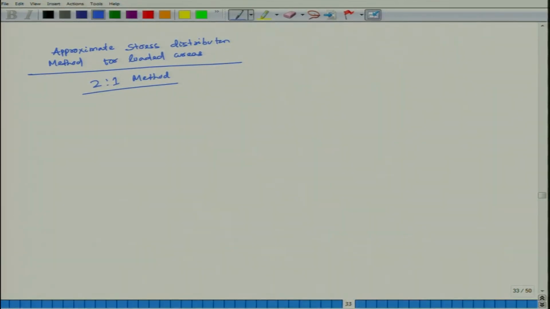So, if I put it in this way, this is B, this is 1 and 2. For a rectangular loaded area, it will be distributed with your 2:1, that means the variation will be 2 vertical to 1 horizontal.